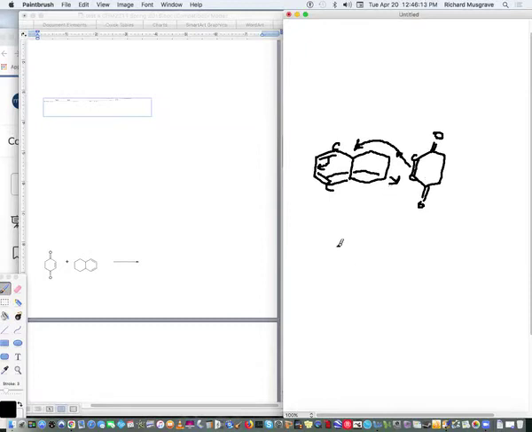Now I'm going to show this as a 2D first, and then I'll show what the 3D looks like. Like I said, a lot of people don't like doing the 3D diagram. They convince themselves that they can't do it, so they don't.